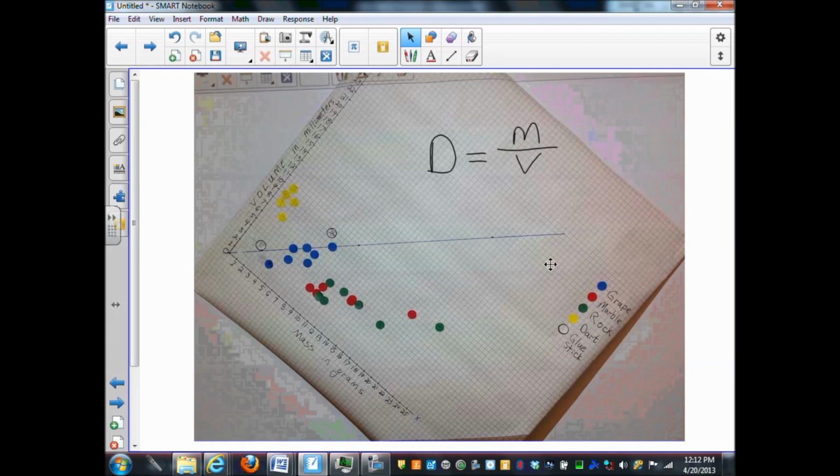But if the mass is small but the volume is high, for example, these Nerf darts, you're going to end up with an object that has a very small density. In other words, if you put it in water, it's going to float. So these were two things that we discovered through our experimenting this year with mass and volume of objects in terms of how it relates to density.